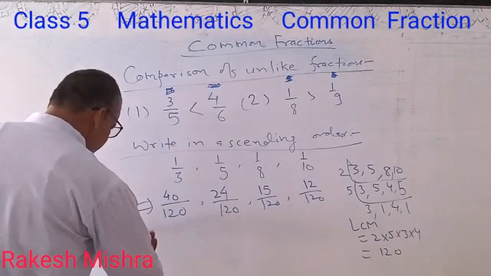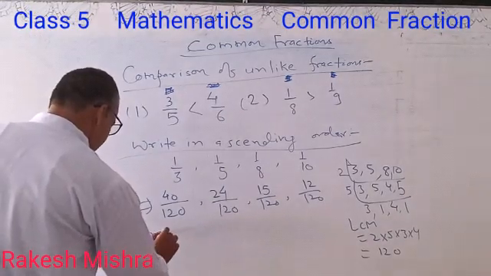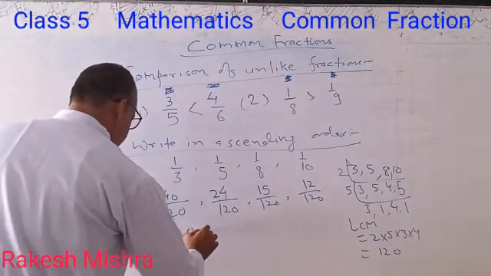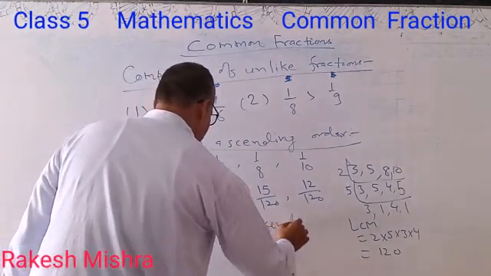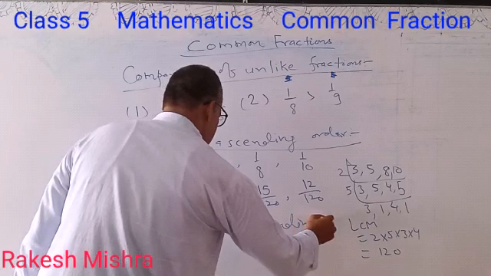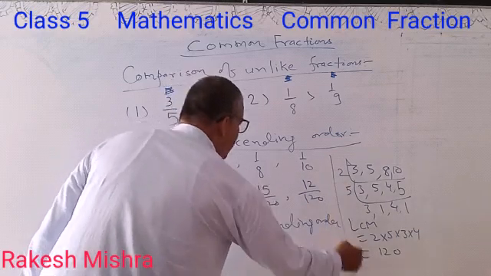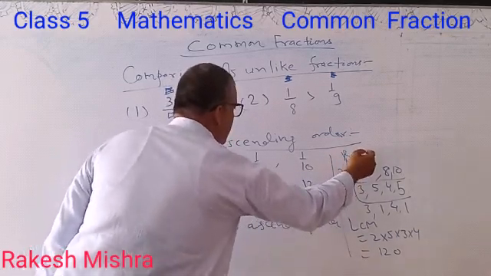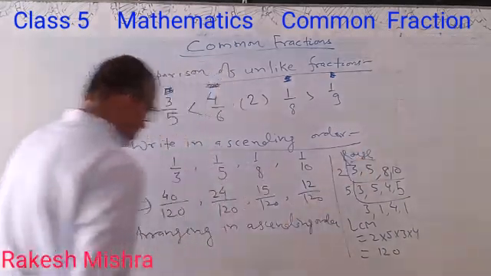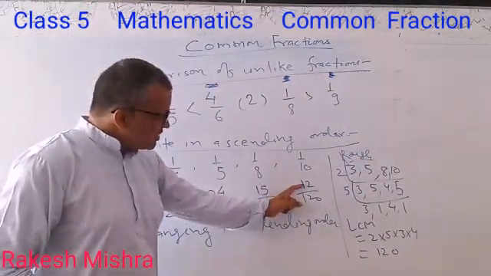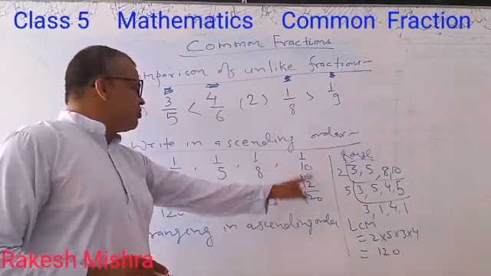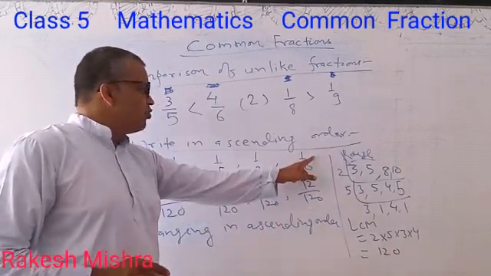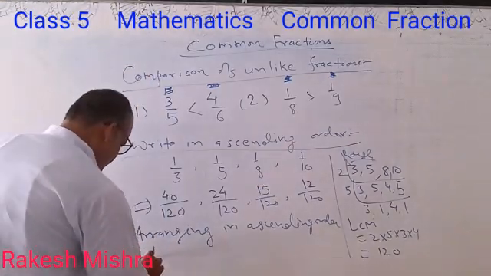So we write, arranging in ascending order. Because this number is smallest, we write from the question 1 by 10 at first.